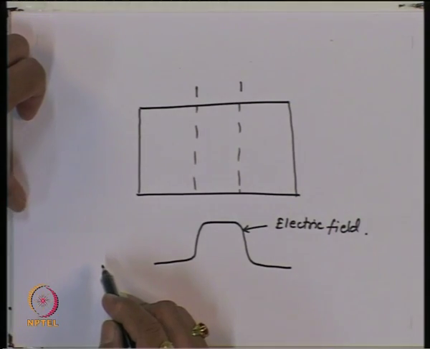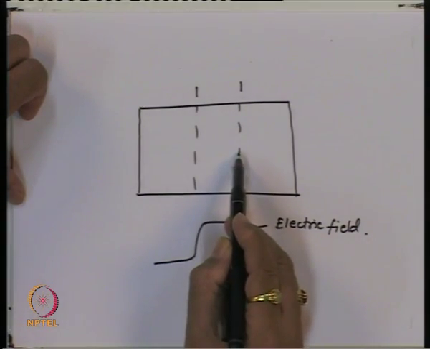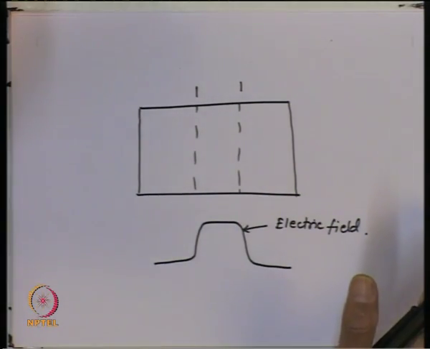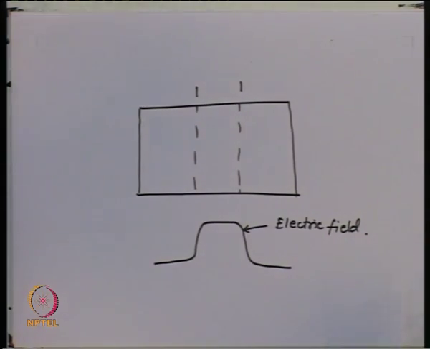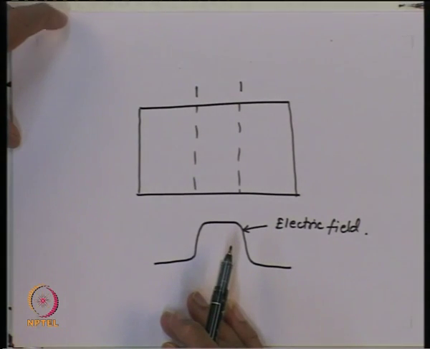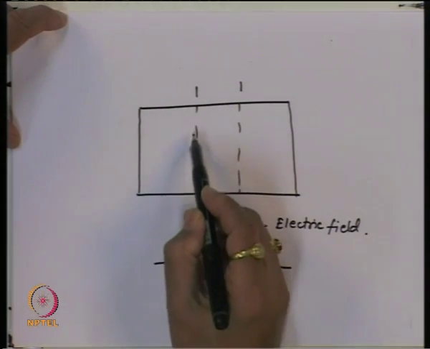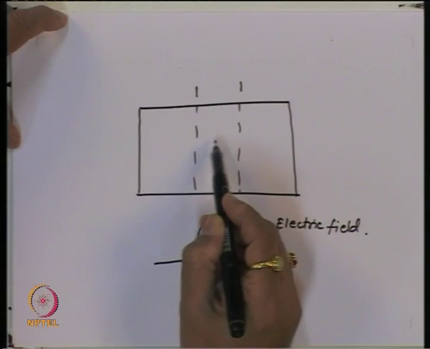What that means is that if you make a PN junction, then the length over which the electric field is present is much smaller compared to the length required for absorption of the photon, or the characteristic absorption length of this material. So, most of the photon absorption will take place outside the depletion region.